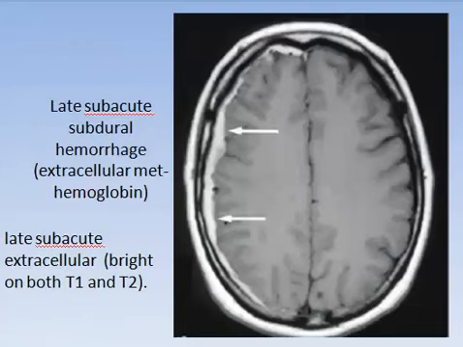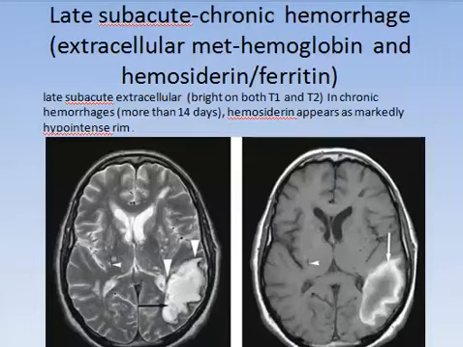Here we have the late subacute, in which we get bright intensity on T1 weighted images. Here we get late subacute going to chronic, and we said that the chronic part is the central part. The central part is the older part.